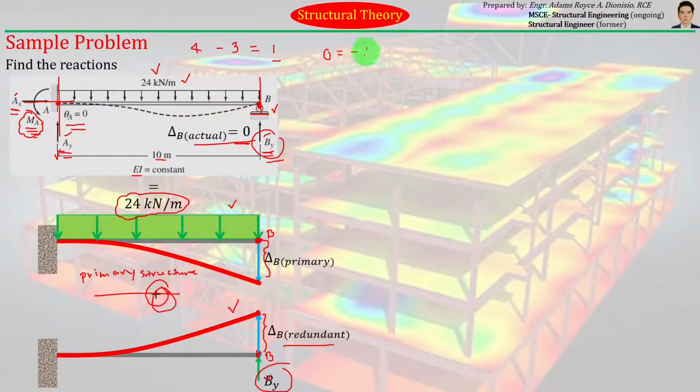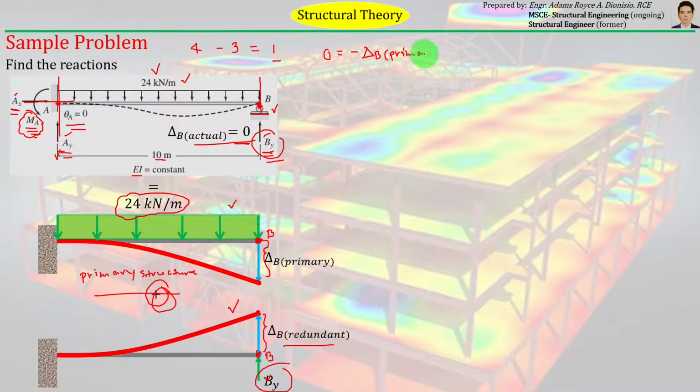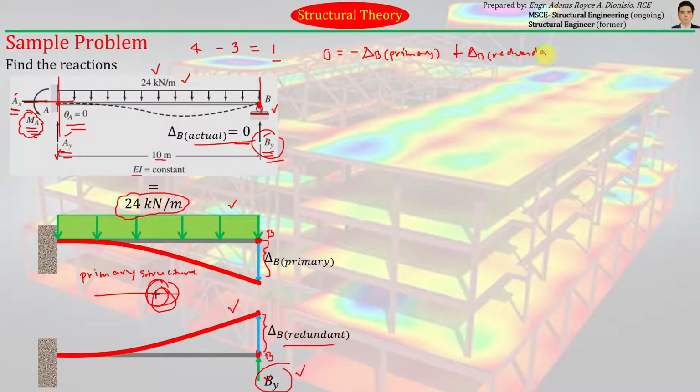Equal to that deflection, let's call that delta B primary plus the deflection at the same joint due to the applied external redundant force By. So let us just call that delta B redundant. Delta B redundant. So basically, this is the working equation that we will try to work on.